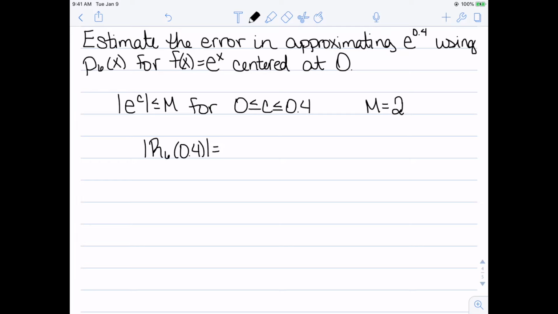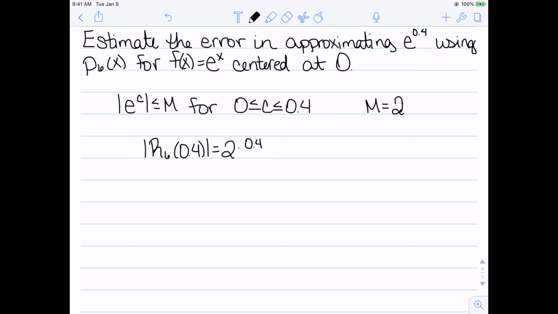I then have the absolute value of R6, since n is equal to 6, of 0.4, which is the value I'm estimating, is less than or equal to the value for m, which is 2. We then multiply by the absolute value of x minus a to the n plus 1. x is 0.4 and a is 0, so the absolute value of 0.4 minus 0 is just 0.4.